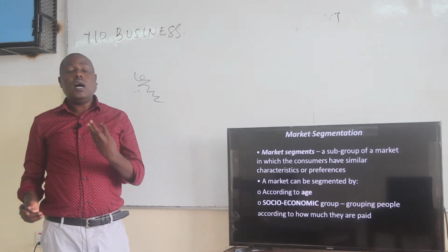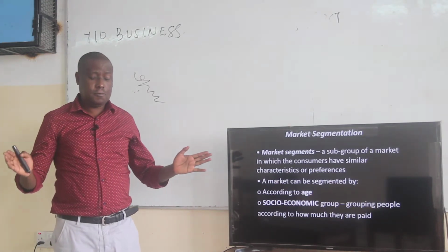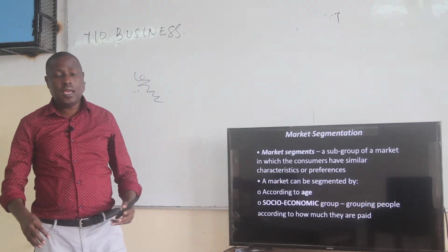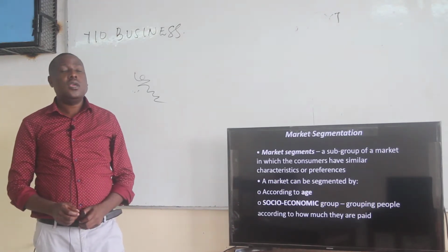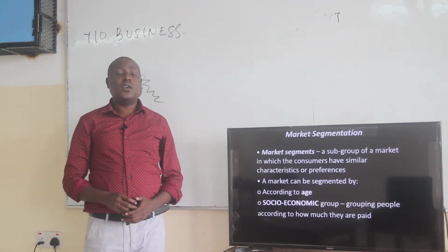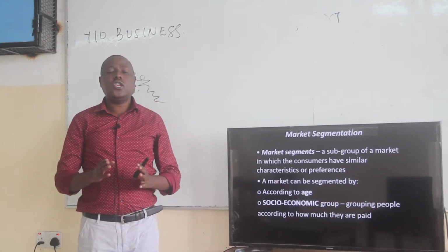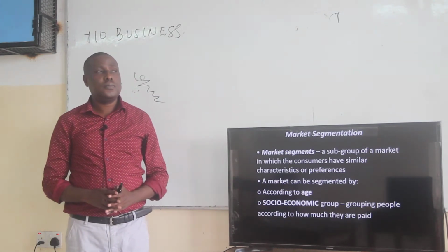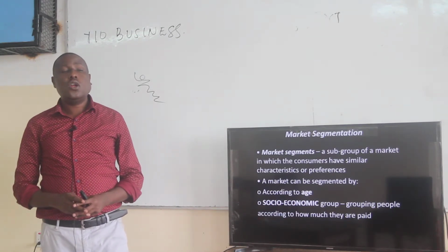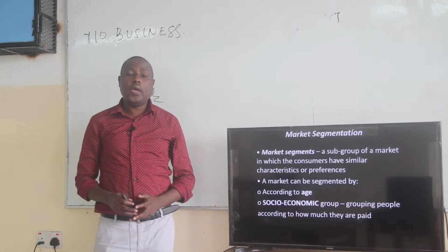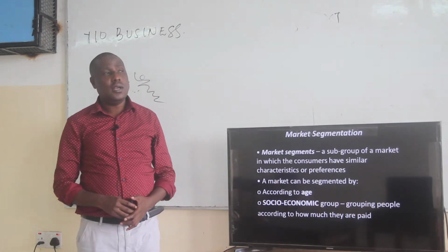So you have to look at, for example, a situation like in Mombasa, right? You want to sell motor vehicles. Which is your target group? Motor vehicles don't cost $2,000. They cost way above $10,000.